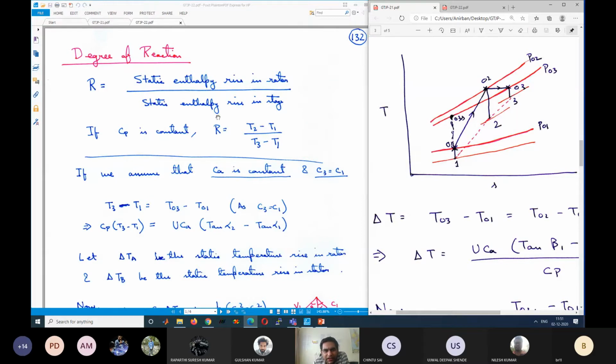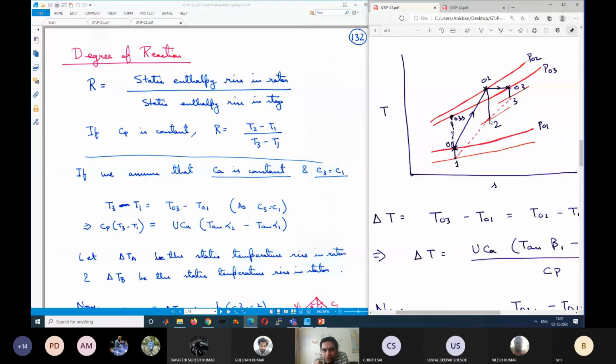Again, I will reiterate the physical significance: it gives us an idea about how much diffusion is occurring in the rotor itself with respect to the entire stage. If the value of R is half, then where is the point 2 located?